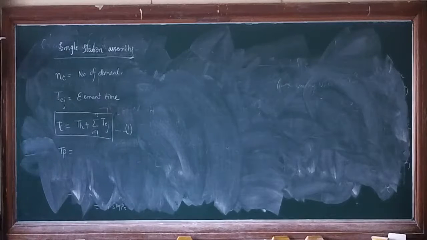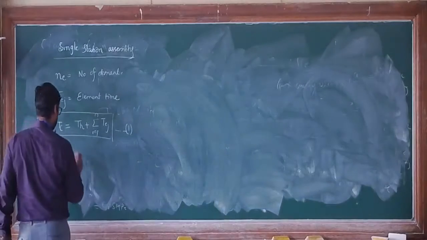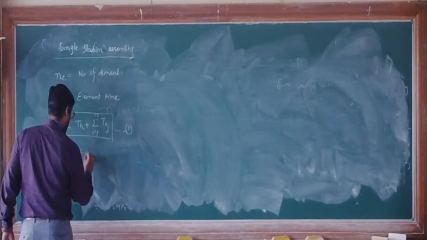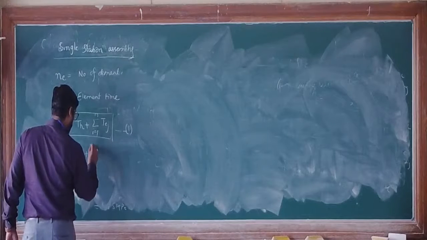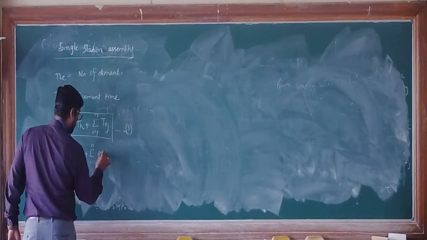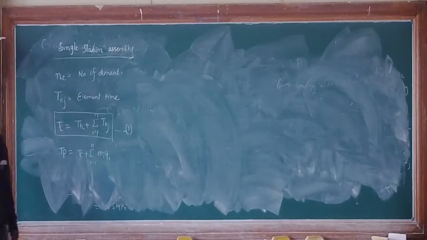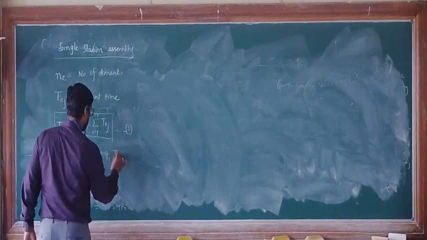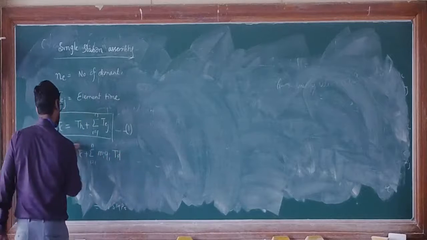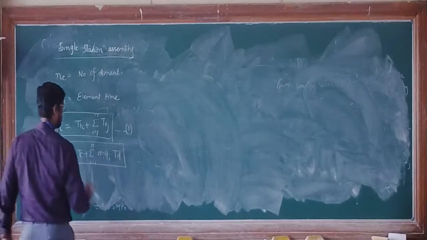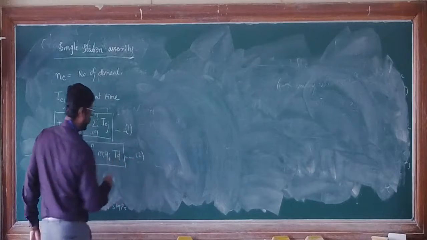So TP is calculated as TC plus the summation of I equal to 1 to N of MI into QI into the downtime. We are using the downtime calculation for this. This is equation number 2.